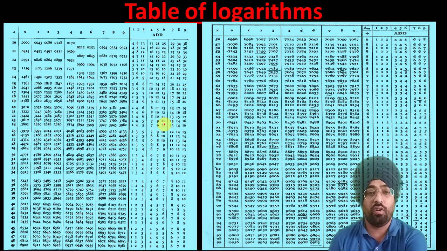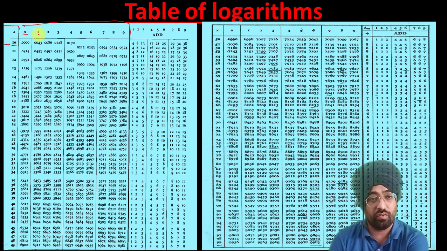Now this is how a log table looks. It generally starts from 10 and goes up to 99, and it can be divided into basically 3 parts. First, this column which goes from 10 to 99. Then this part contains values corresponding to 0. These are the values corresponding to 1, 2, 3, 4, 5, 6, 7, 8, 9.